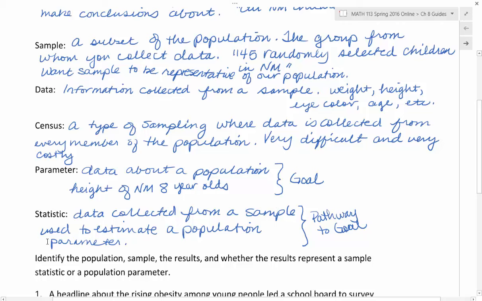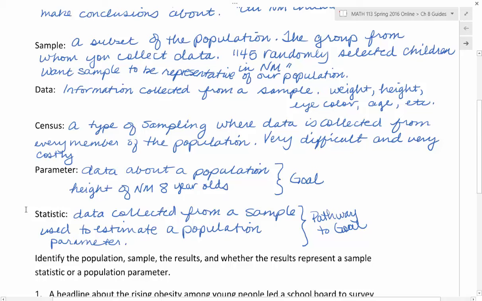We use that to estimate the population parameter, which was the height of the New Mexico 8-year-olds. So we will still collect information from 8-year-olds in New Mexico, but just not every single one of them. We'll use that smaller group or that subset or that sample to give us the information that we can then estimate for the parameter for the population.